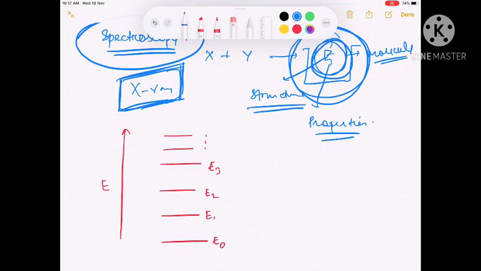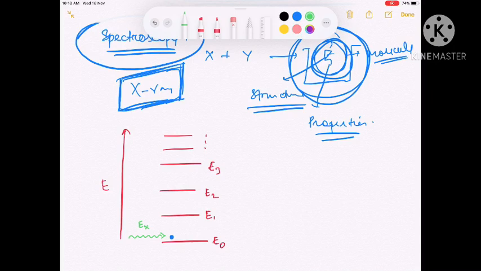Now what happens, say we have an electron in this position. Now if we provide some external amount of energy, let it be E, say EX, this is the amount of energy that we are giving.